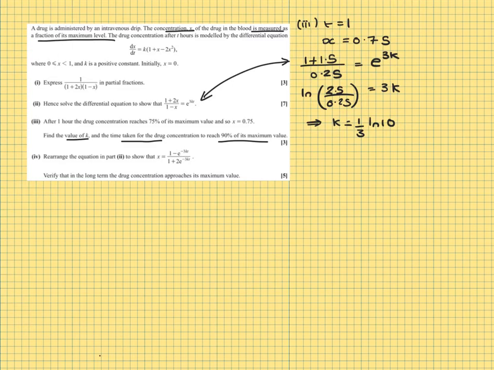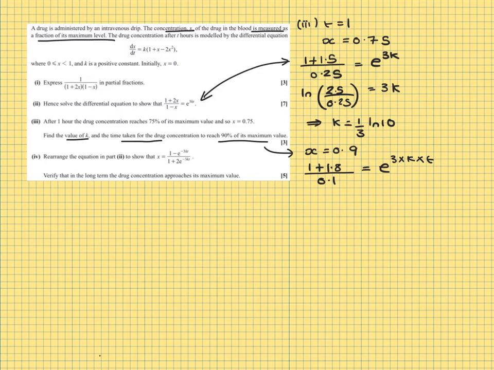Now the time taken for the drug concentration to reach 90% of its maximum value, so that means that x is equal to 0.9. So this tells us that we have 1 plus 1.8 over 0.1 equals e to the power of 3 multiplied by k multiplied by t. So we need to take natural logs of both sides.